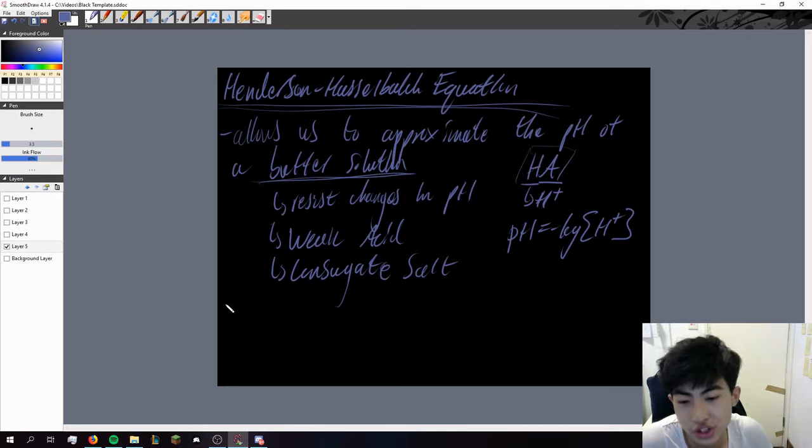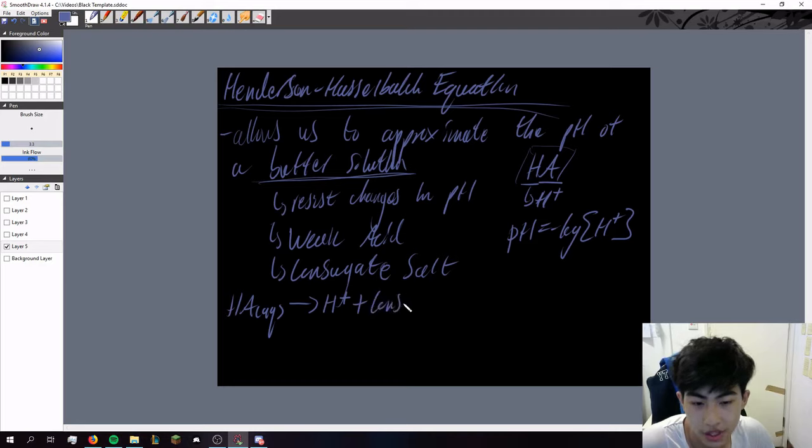So say if we took HA and dissolved it in water, so an aqueous solution, this would normally dissociate to form an H plus ion and its conjugate base, which we know from this equation will be A minus. Now, how can we tell something is a conjugate base?